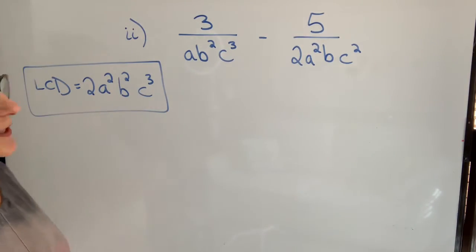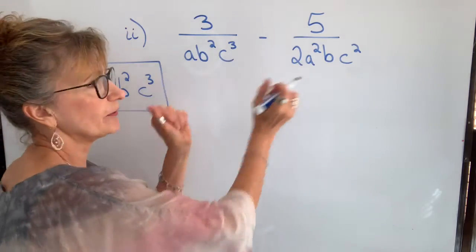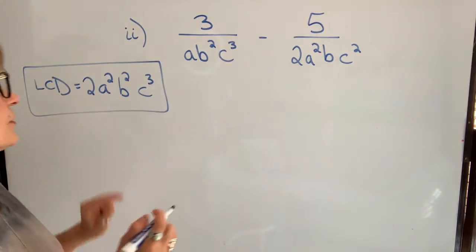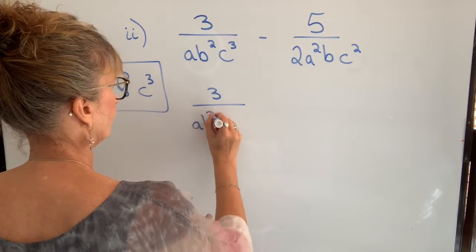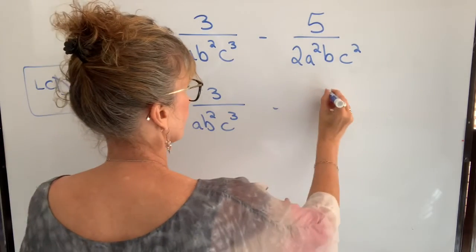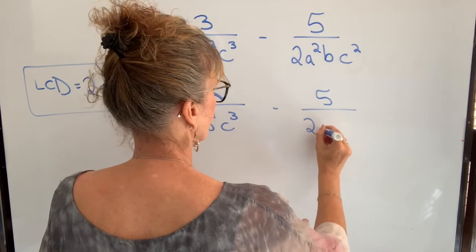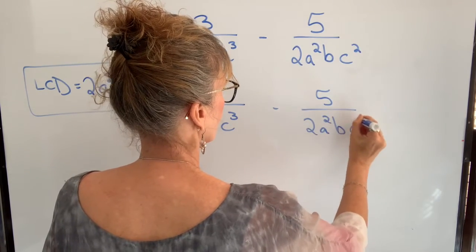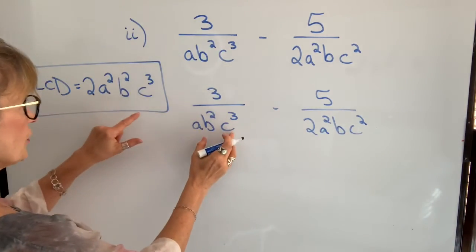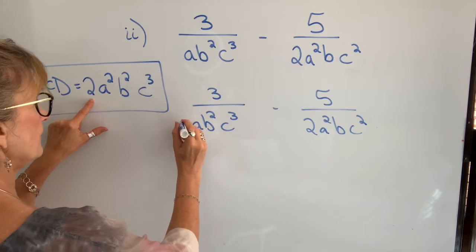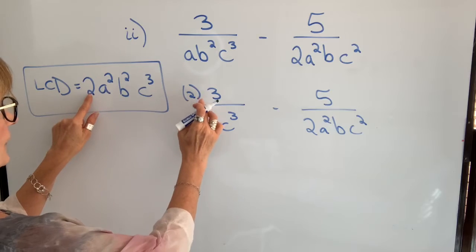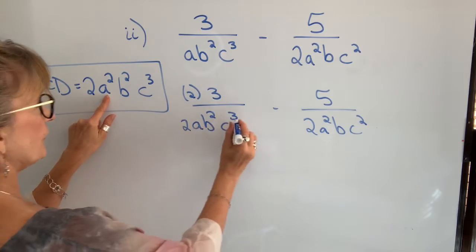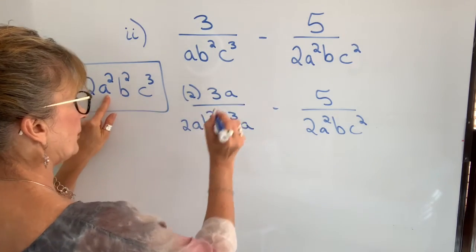Now that I have my lowest common denominator, we change these to equivalent fractions with this denominator. So in the first fraction, I need a factor of 2, so I'm going to multiply by 2. I need a factor of a, so I multiply numerator and denominator by a.